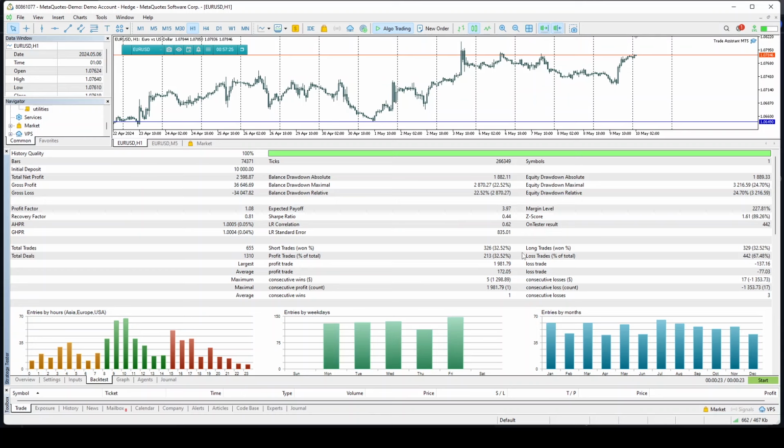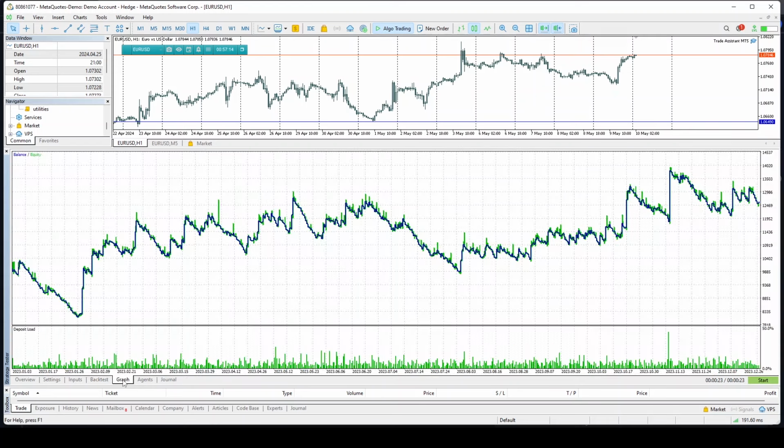You can see that even with a win rate of 32%, it is still profitable, for 2023, anyways. And this is the equity curve. You can see how ugly the equity curve is. Now you can see it has a lot of deep drawdowns, deep drawdowns, deep drawdowns.